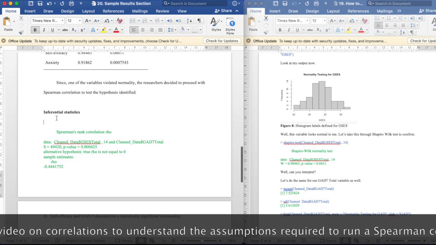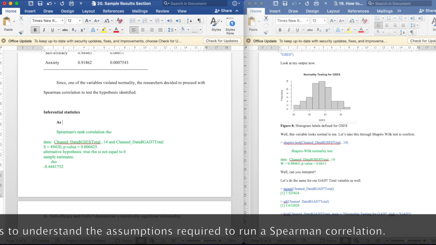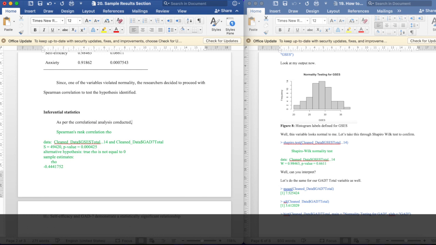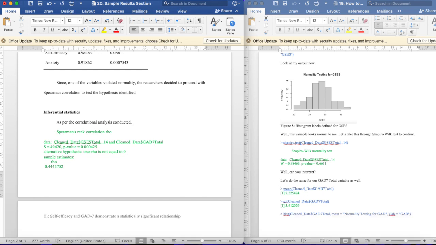So I'm going to write, as per the correlational analysis conducted, okay, so this is my R output. Here we have negative 0.44, that's our correlation.